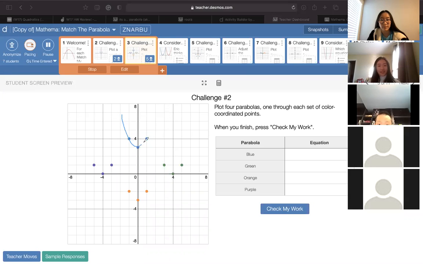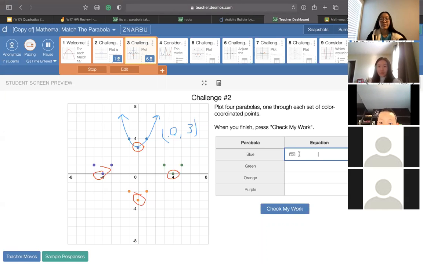So the vertex is like the tip or where the two curved parts meet. Yeah, it's either the topmost or the bottommost. So these are the vertexes. So we're going to focus on the blue one. The vertex is 0, 3. Yeah, that one's correct. 0, 4.